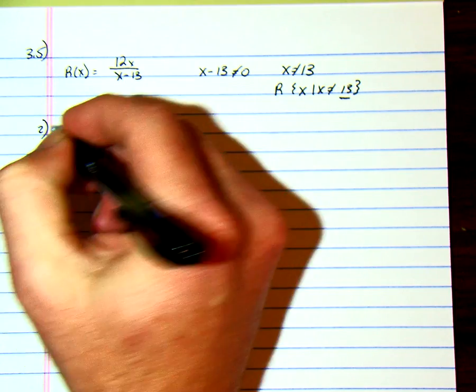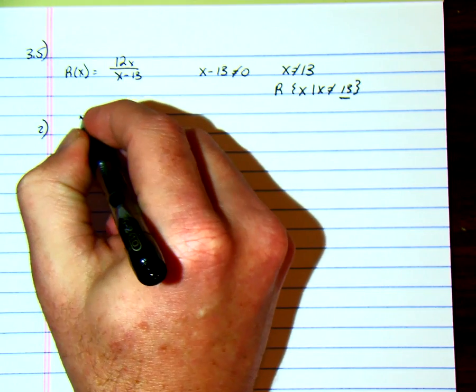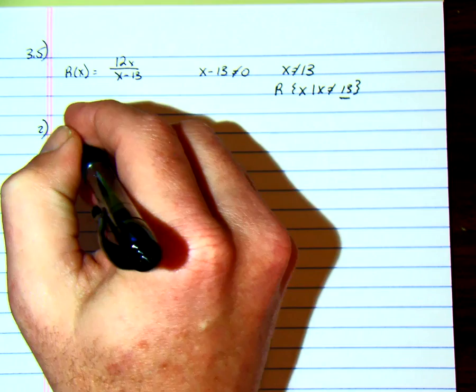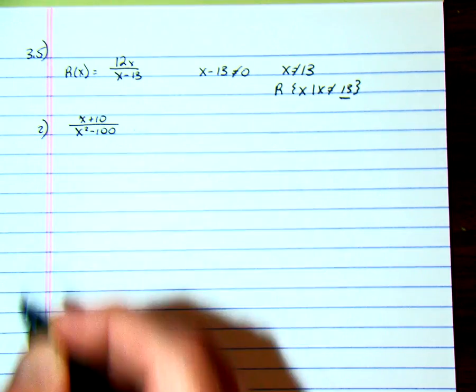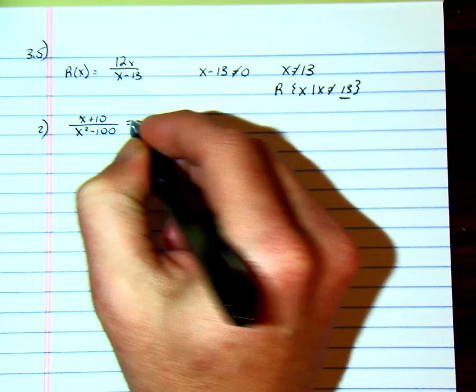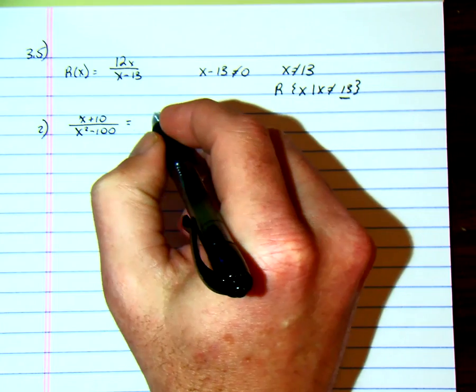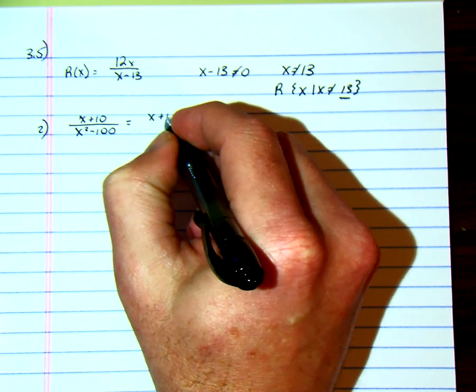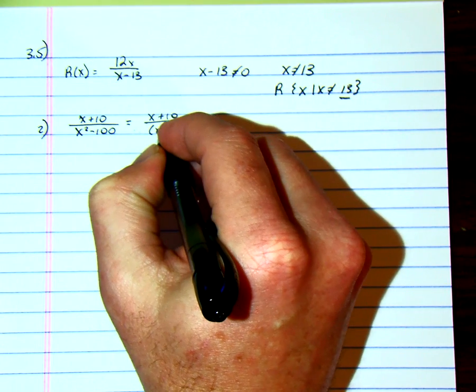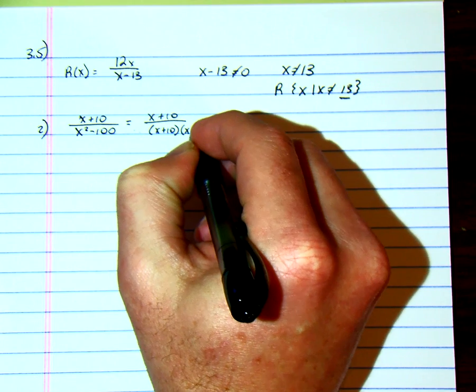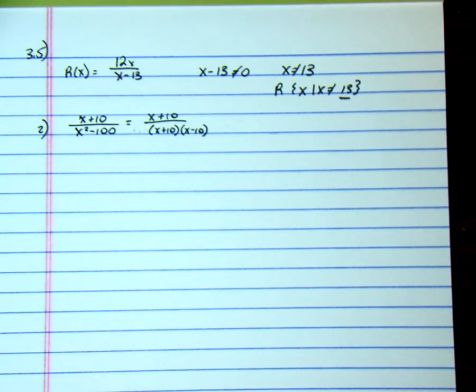Number 2. Again, it's asking me for the domain. That's going to be x plus 10 all over x squared minus 100. As we go to look at this one, I'll leave the numerator there for now, x plus 10. I'm going to factor this denominator because in order to solve that, it has to be in factored form. So that's going to be the perfect squares. So it's x plus 10 and x minus 10.